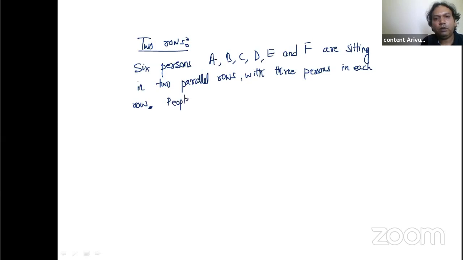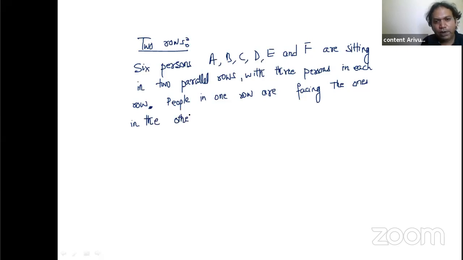People in one row are facing the ones in the other row. This is the initial setting.